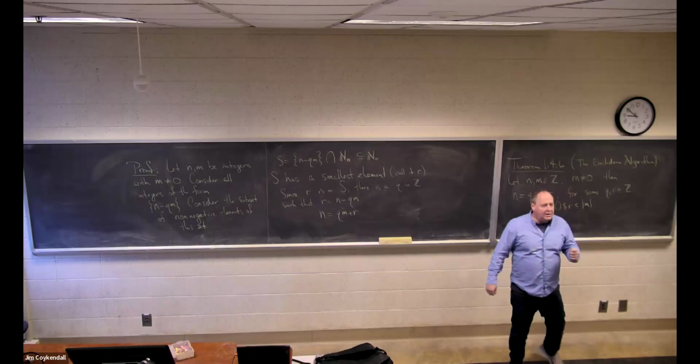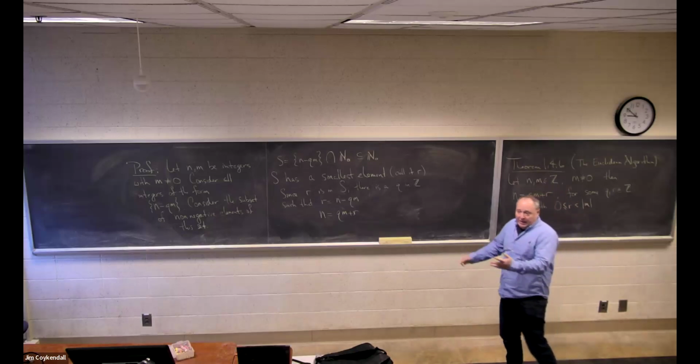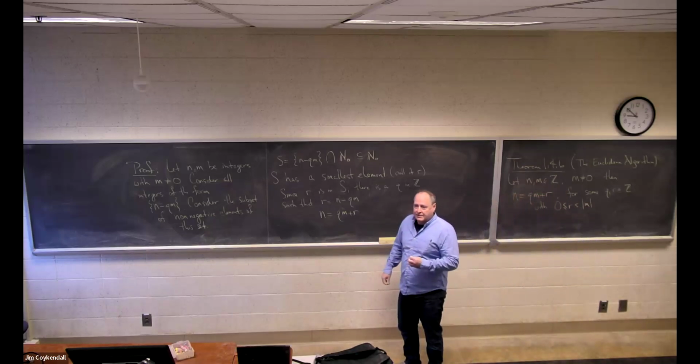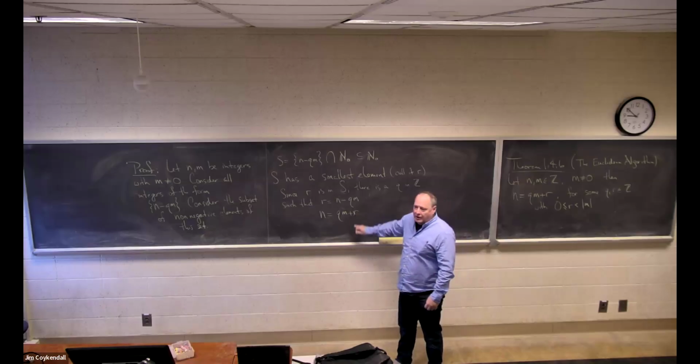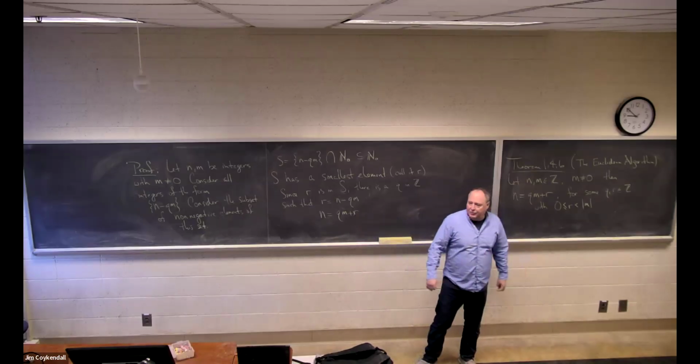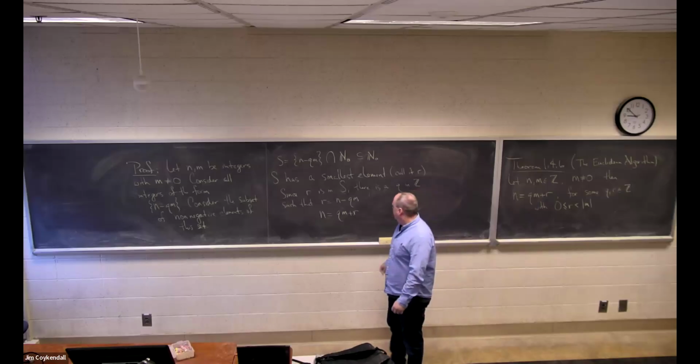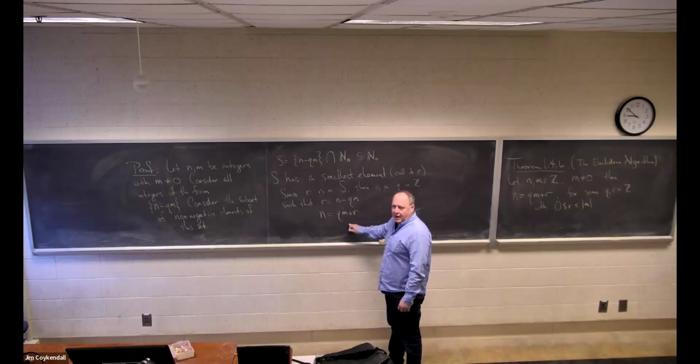The last thing we need to do, what do we need to do to finish this off? We need to show that r is between 0 and the absolute value of m, right? But if it's not, if it's bigger than the absolute value of m, just subtract another m off of it, get smaller here, and that contradicts the fact this is minimum.